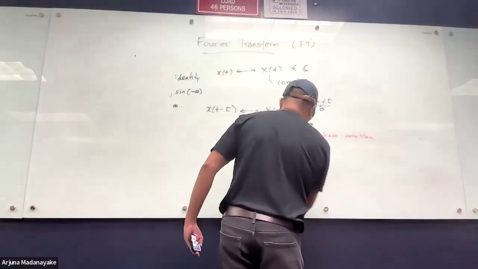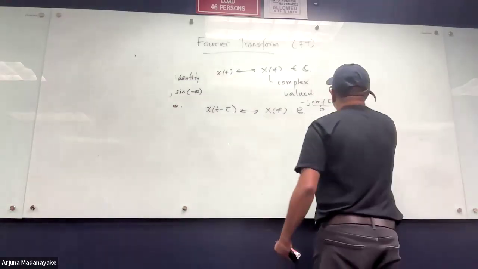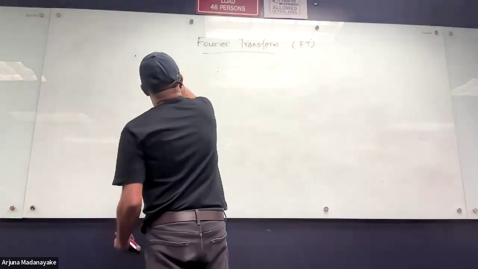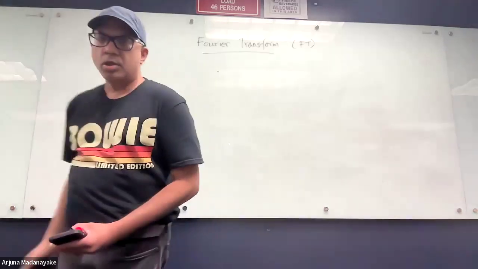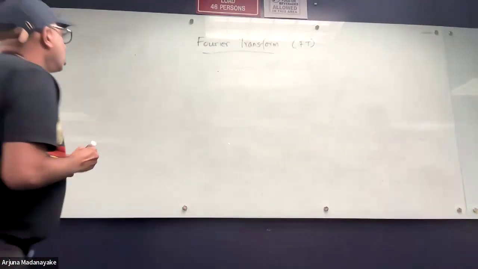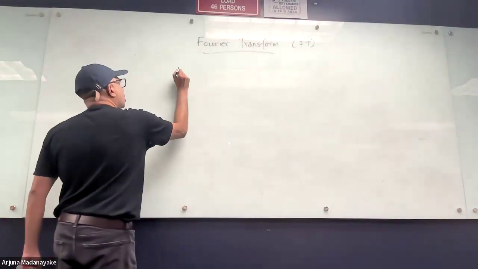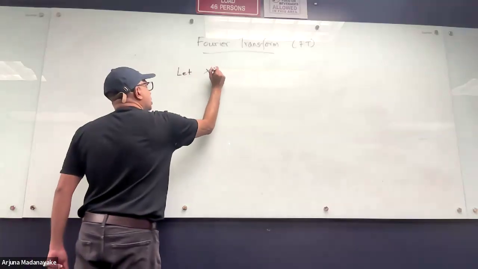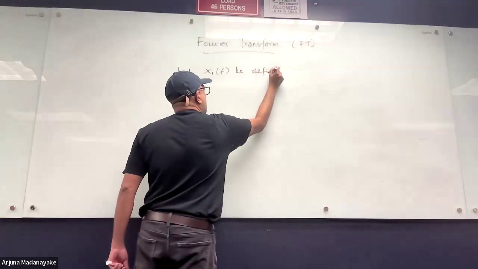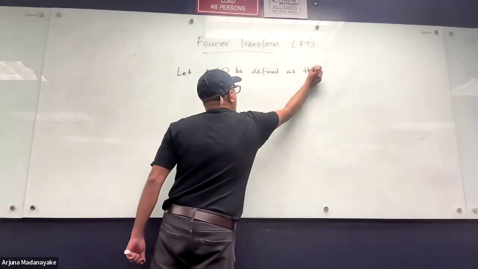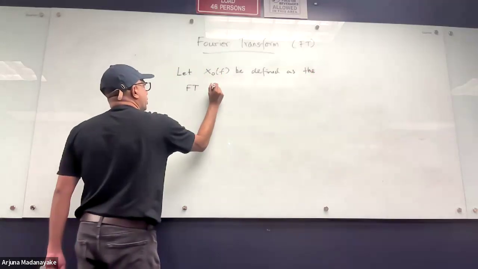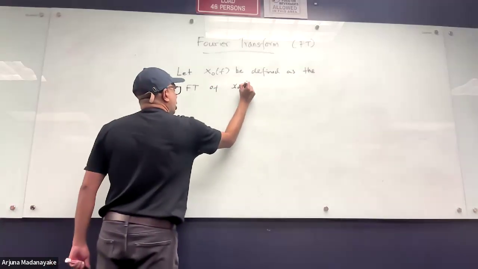So let's do a small problem. Let X1 of f be defined as the Fourier transform of x0 of t.